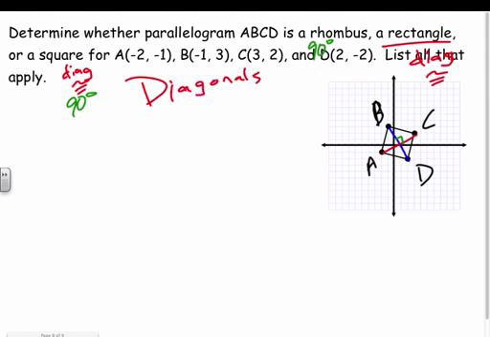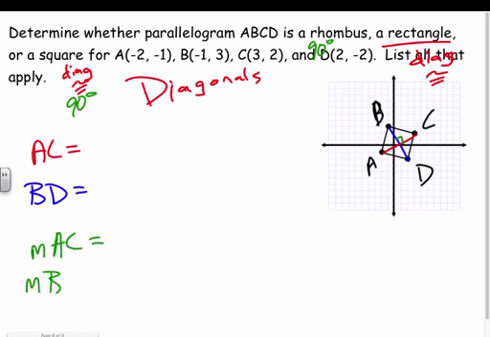So I want to find the distance of AC, and I want to find the distance of BD. And then I'm going to show that their slopes are opposite reciprocals. So first, AC, distance formula: take the square root, find the distance between the x's.